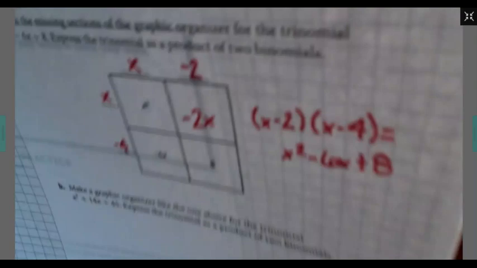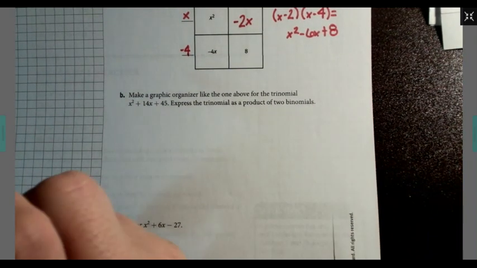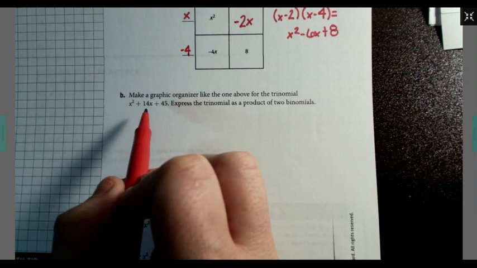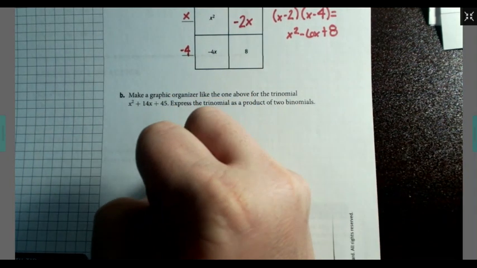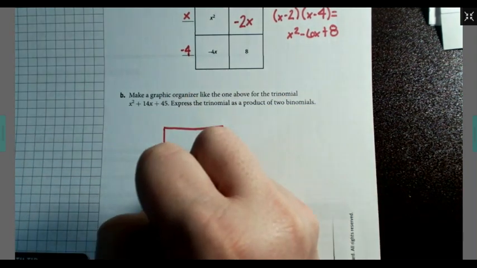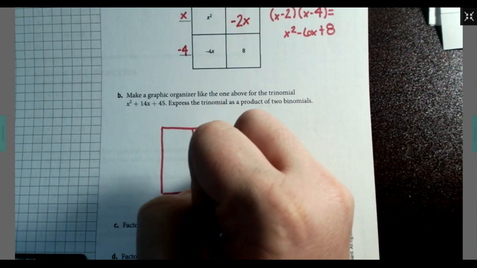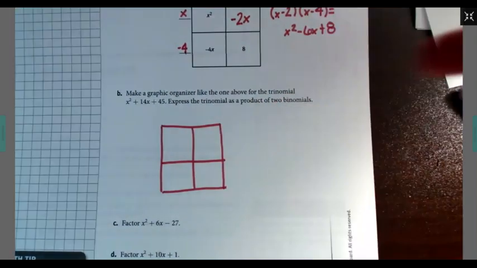B. Make a graphic organizer like the one above for the trinomial x squared plus 14x plus 45. Now, if I go back to the previous page, page 395, it says step 1.